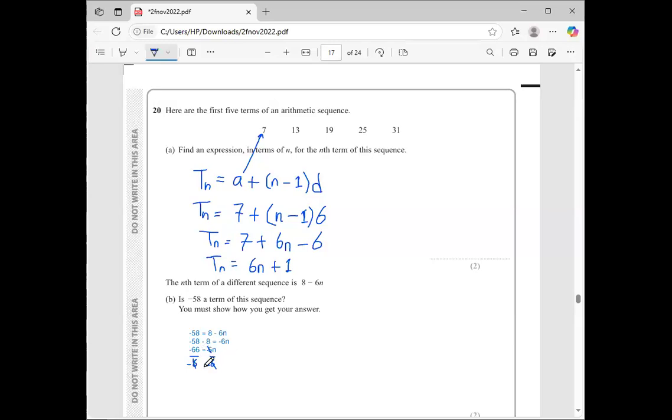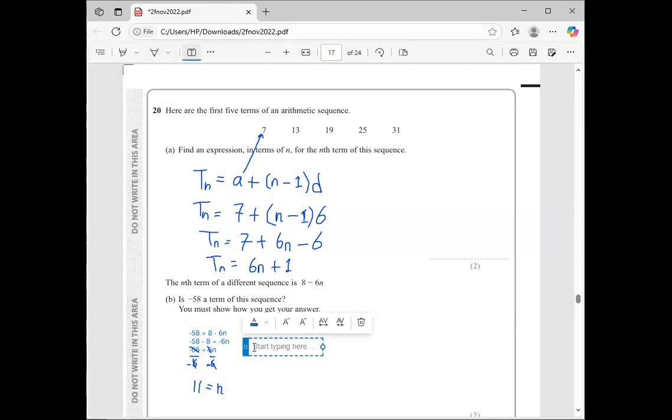Okay, so minus 6 will cancel minus 6. It's gone, right? And then minus 6 will go into minus 66. How many times? 11. Thank you very much. And since it is negative divided by negative, what will happen? The answer will turn out positive, isn't it? Yes. So our argument is this.